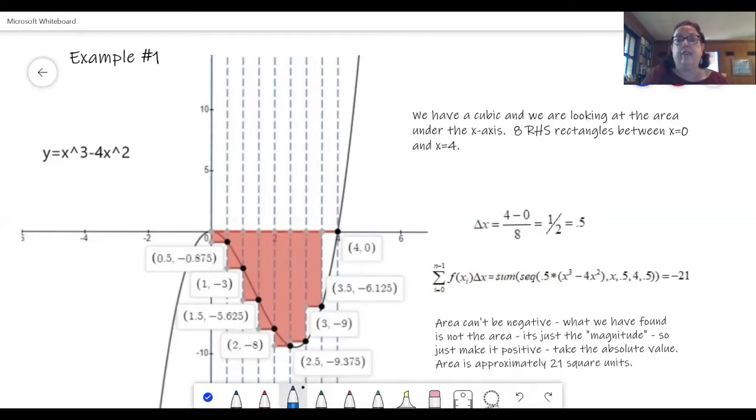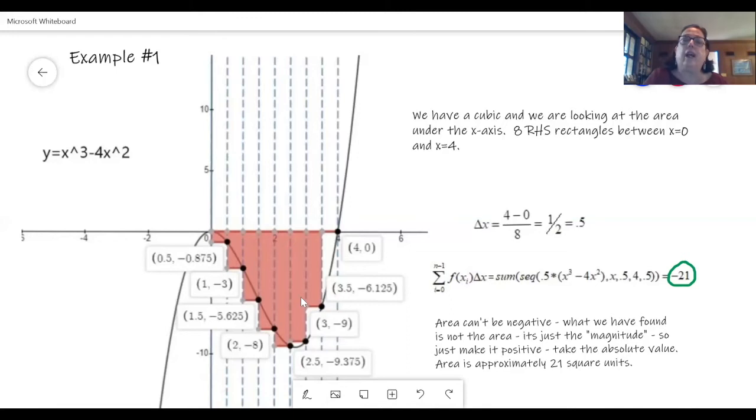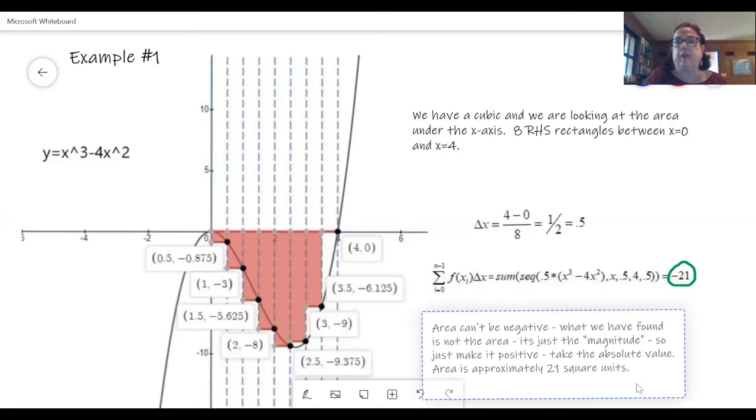We get a negative number, and it's not because there is such a thing as negative area. It's because we're not really calculating area. We're calculating a sum that could be area if we take its absolute value. So we can find out that the magnitude of this space is 21 and call that the area.